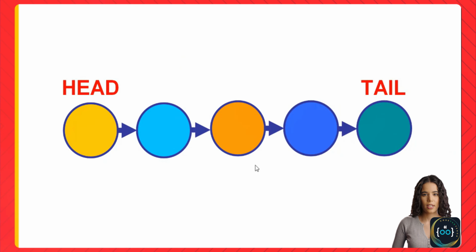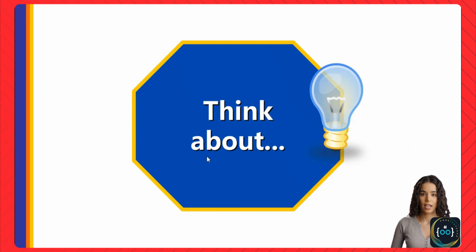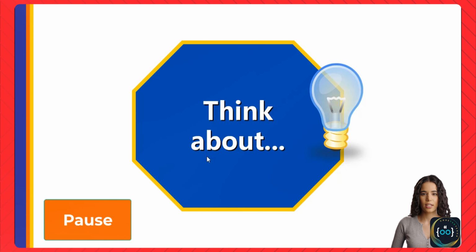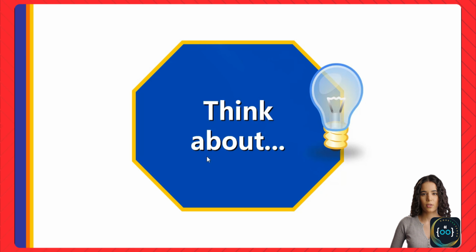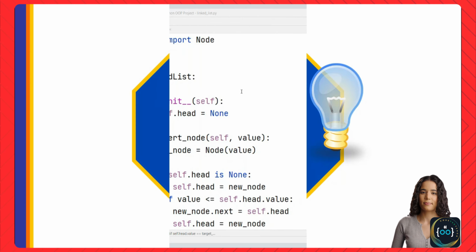The final data structure would look like this, where the green node is no longer accessible and it's no longer part of the list. Think about how you would implement this particular part of the operation. Pause the video, think about the details of how you would reassign the pointers to make that bridge, and then come back. We will work on the code step by step.